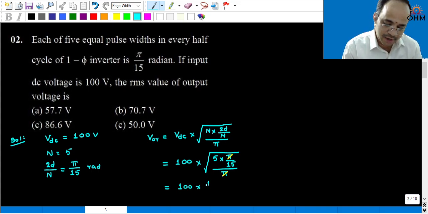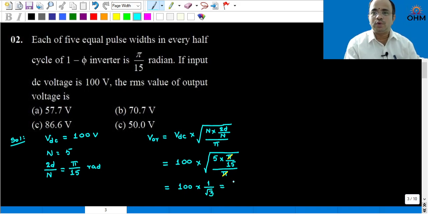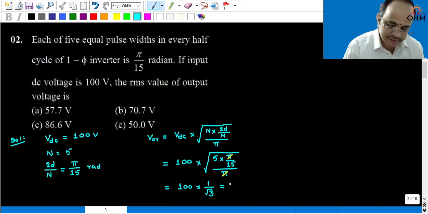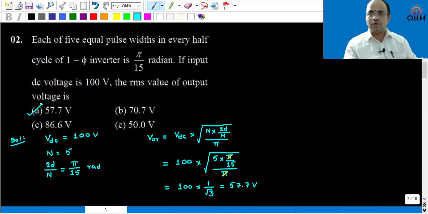So 100 multiplied with 1 by root 3. The 1 by root 3 value is 0.577, and hence the answer for this question will be 57.7 volt. Option A is the correct answer.